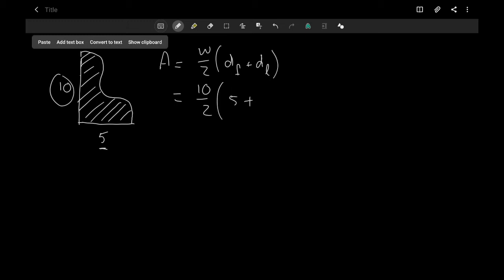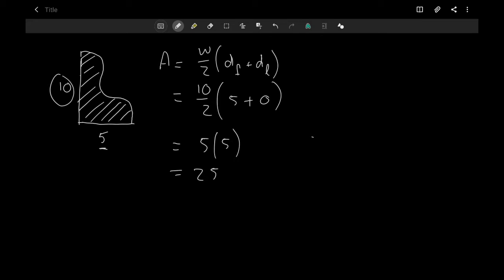So see where dL is? That would be 0. So 10 over 2 is 5. 5 times 5 is 25. Now, if these were meters, then the answer would be 25 meters squared.